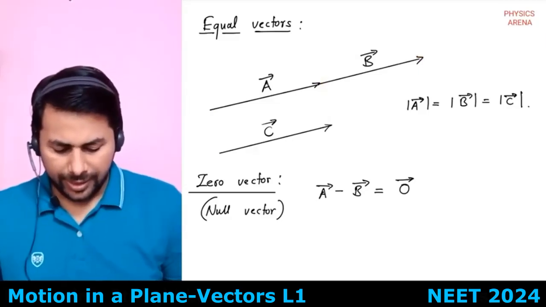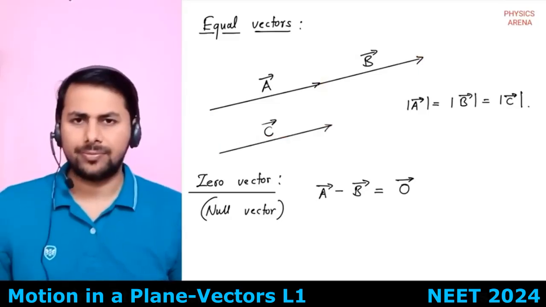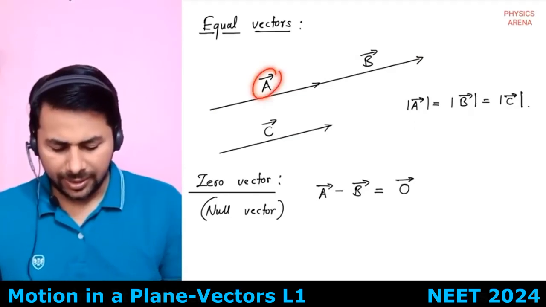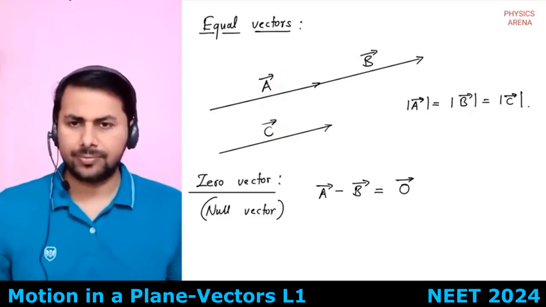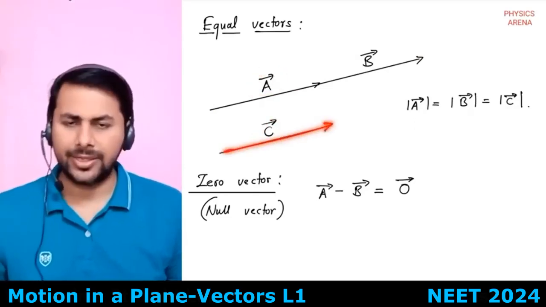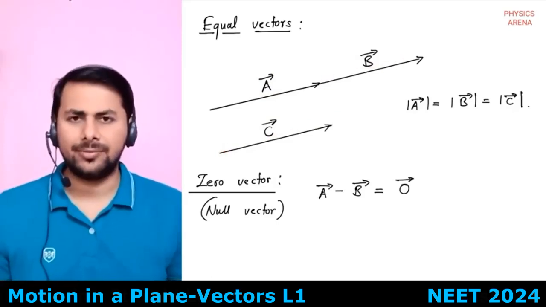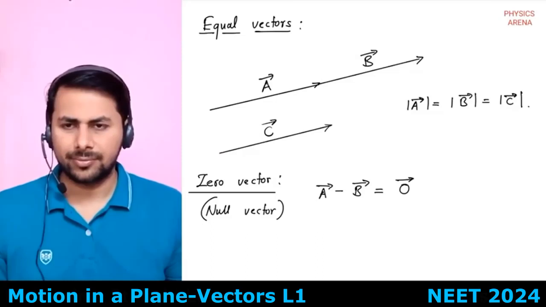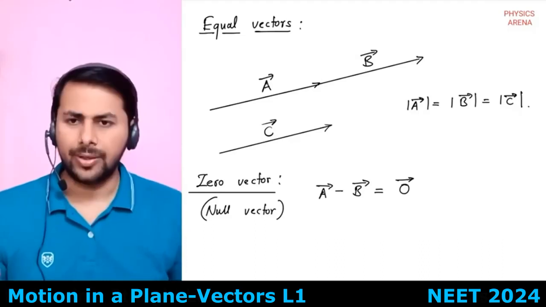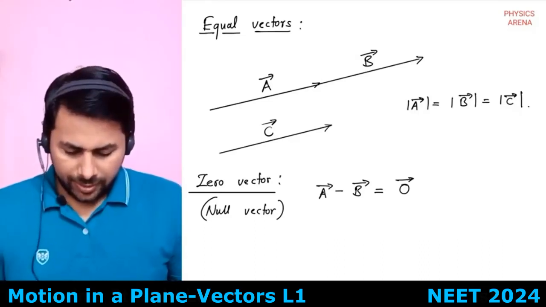Okay, and what about this one? Can I say that a bar is equal to c bar? This is also pointing in the same direction, but it's not along the same line. Yes, sir. Okay, so here that's correct.